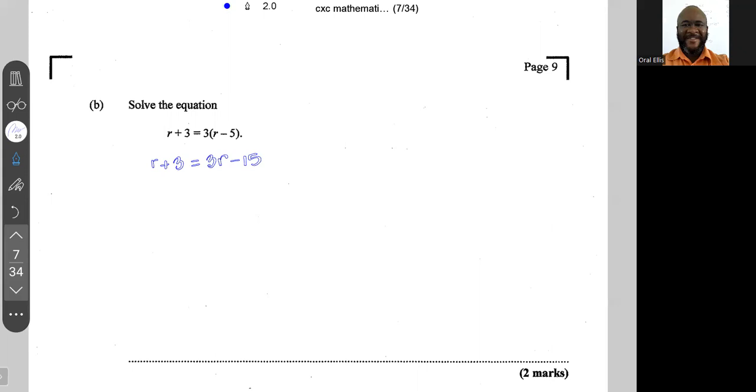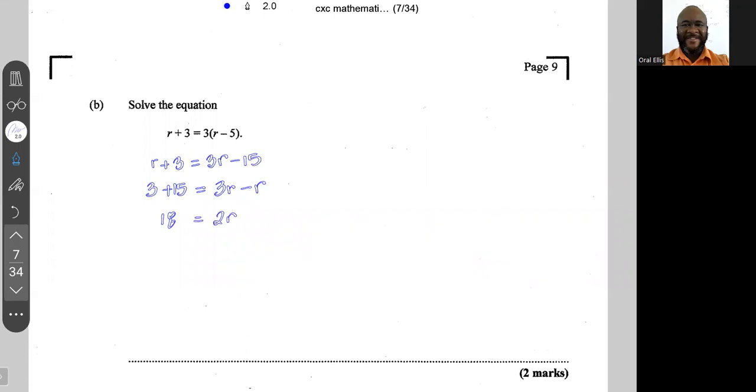So I have 3 plus 15 is equal to 3r minus r. Negative 15 on the right goes over to the left and becomes positive. Positive r on the left goes over to the right and becomes negative. So now I have 18 is equal to 2r.